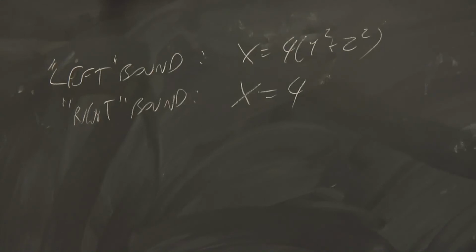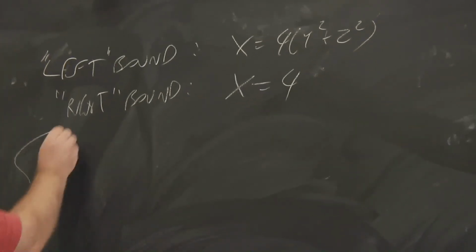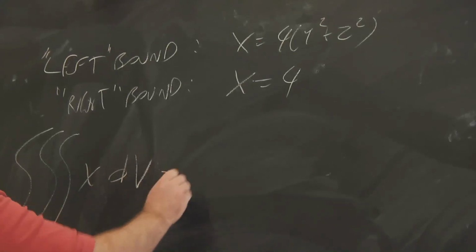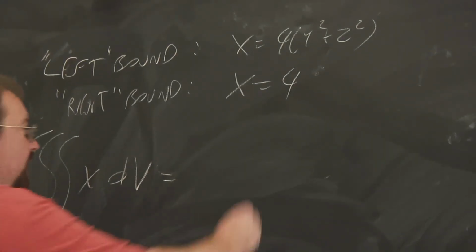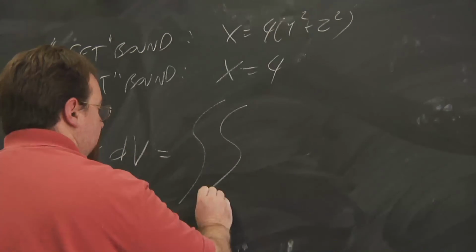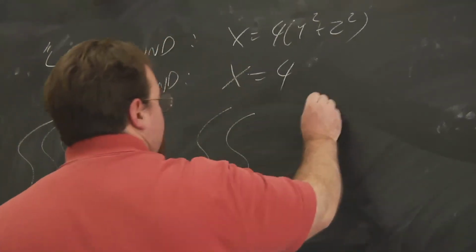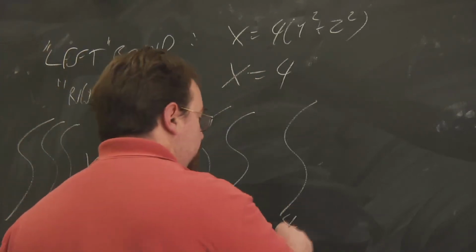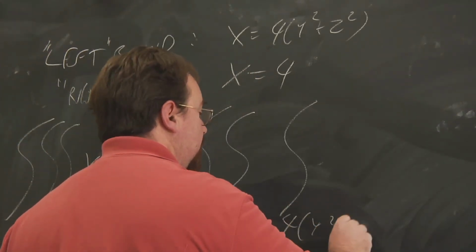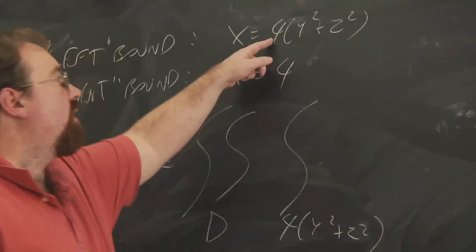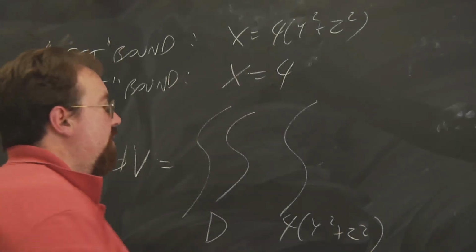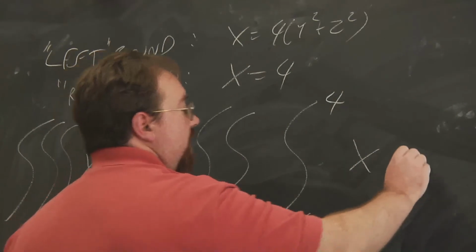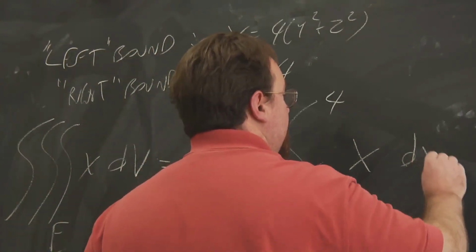Okay, so the triple integral of x over this solid we can now write as a double integral where this will be our lower limit for y squared plus z squared, because this is where the x coordinate is less, up to 4, this is our integrand, dx.